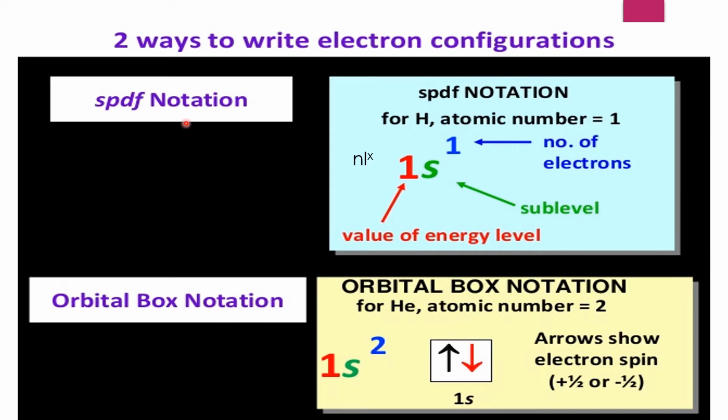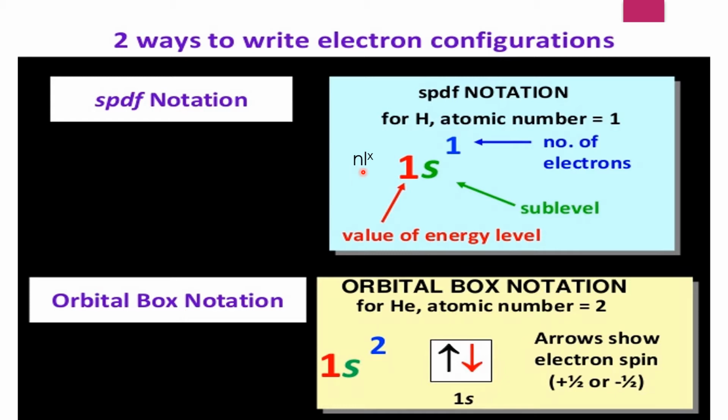What is this SPDF notation? You have heard these, s, p, d, f are orbitals present in an atom, and using this it can be represented. The electronic configuration of an atom can be described as below, that is nlx, where n gives us the idea of the energy level in which an electron is present, which is nothing but the principal quantum number.